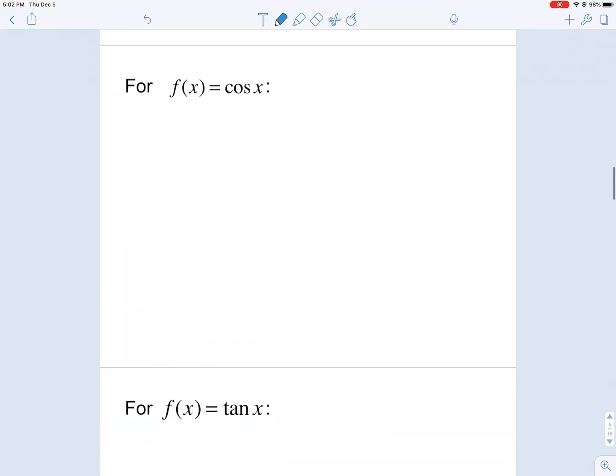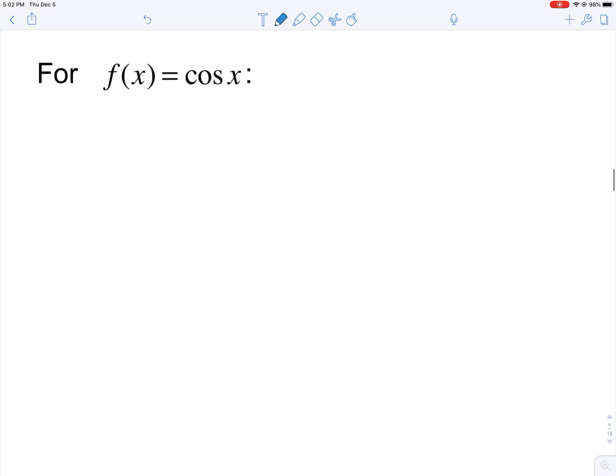Now we're also going to derive the derivative of cosine. These two are really the long derivations, so I'm going to cut the video and do another one for the other parts of the lesson, or deriving the other derivatives of the other trig functions. But the derivative of cosine we find in a similar way.